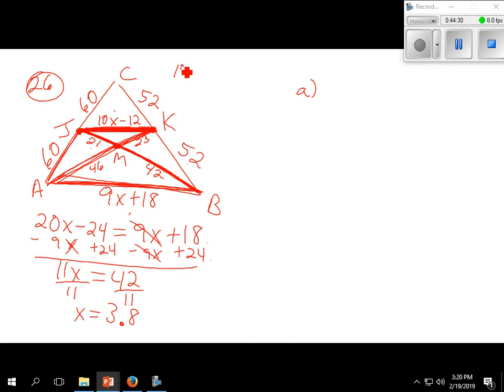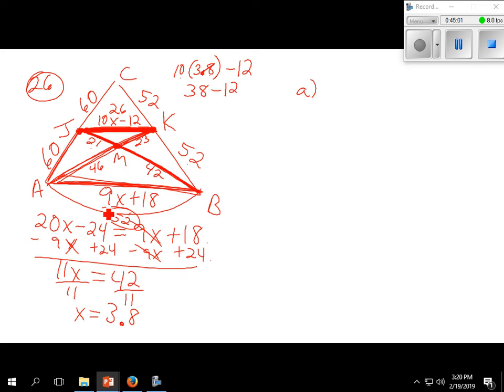Right here, just because that looks easy, 10 times 3.8 minus 12. Well, 10 times 3.8, you just bump the decimal over one place, so that's 38 minus 12. So this segment's 26. And if that mid segment's 26, then that means segment AB down here has to be twice that, which is 52.